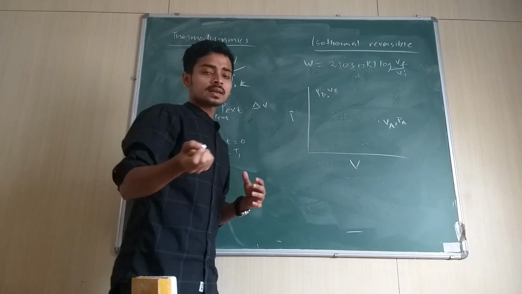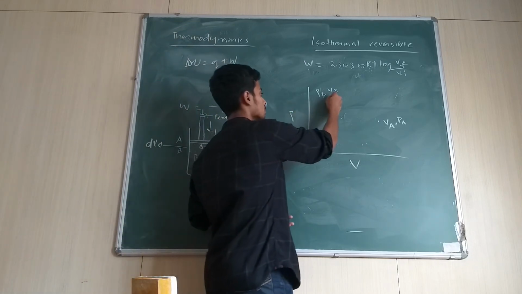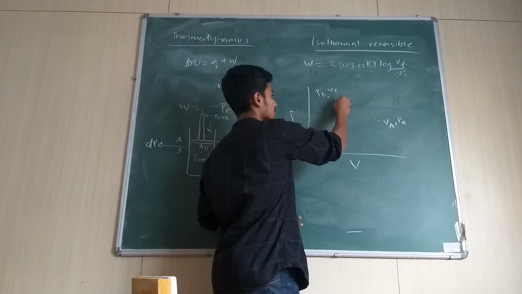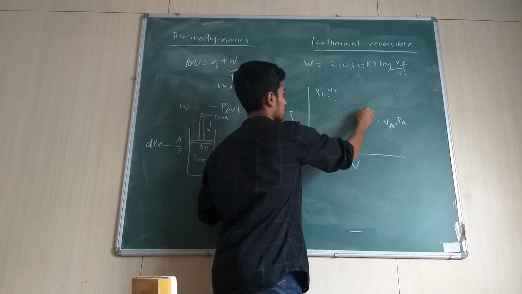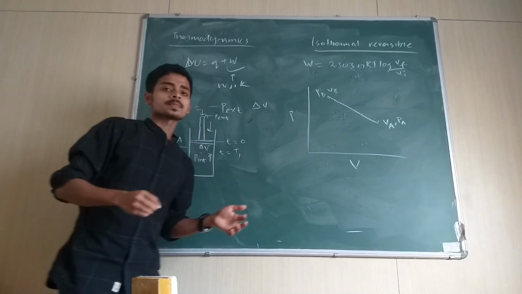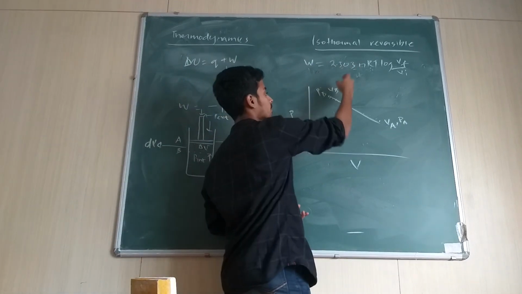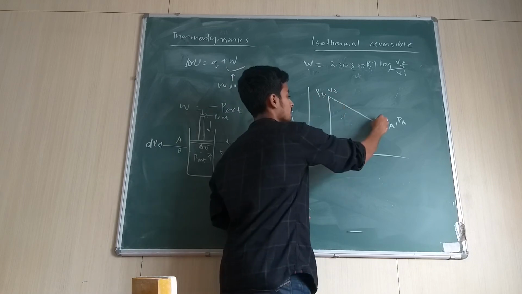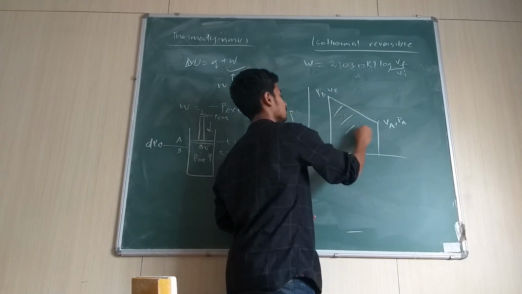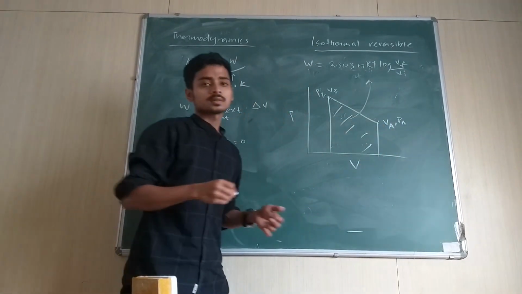Now we are taking infinite steps in an isothermal reversible work. If you join all these steps, we get a plot, and since the function is continuous, we can integrate it and get that value. So the area under this curve is basically your isothermal reversible work. Thank you.